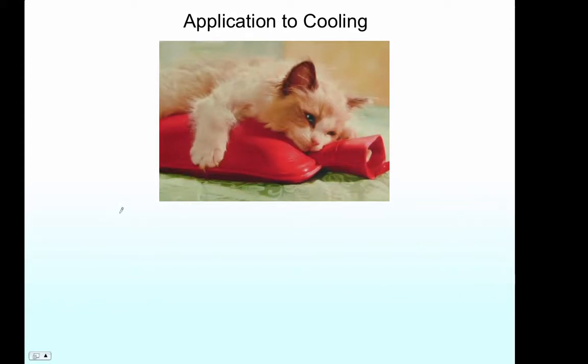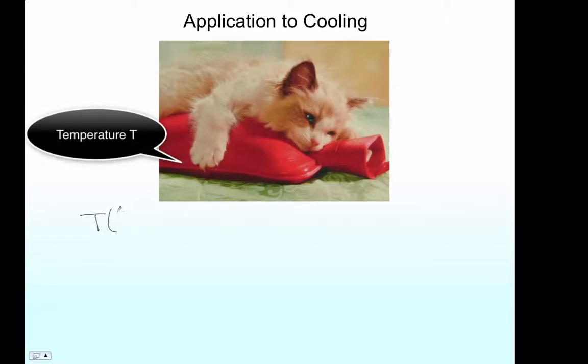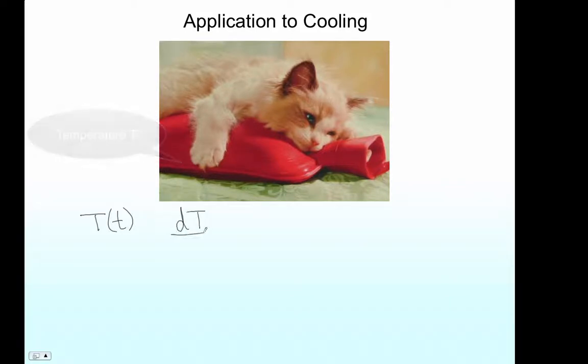We'll now take a slightly less serious problem. Here's a cat on a hot water bottle. The cat wants to know how fast the bottle will cool. So she wants to know what T is as a function of time. She's been told that the rate at which the bottle is cooling is proportional to how hot it already is. A hot bottle will cool faster.